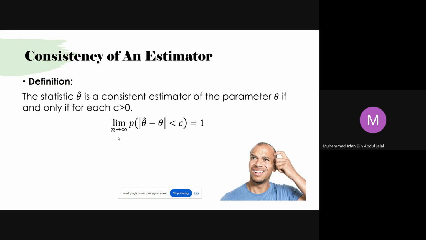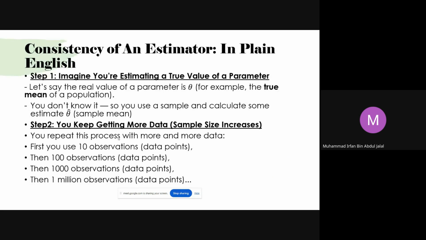So we fixed the sample size. In this case, we want to see the behavior, for example, of the sample mean for the blood pressure. What will happen as we increase the sample size? Is it going to converge nearer and nearer to the population blood pressure, or is it going to deviate away, or what? In terms of the consistency of the estimator.